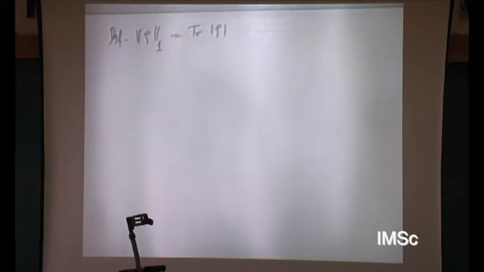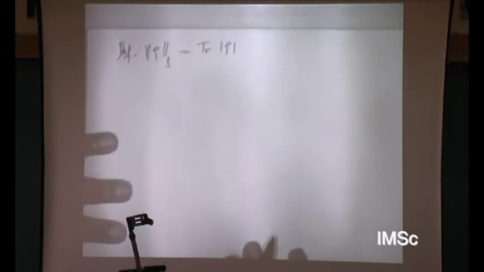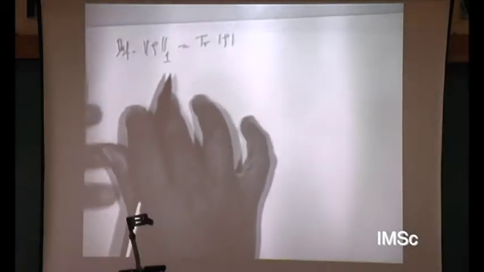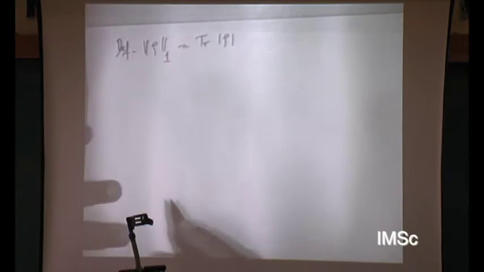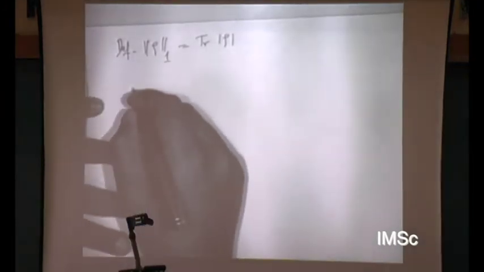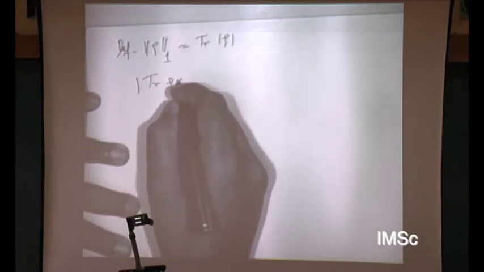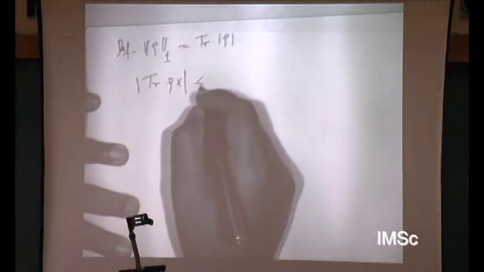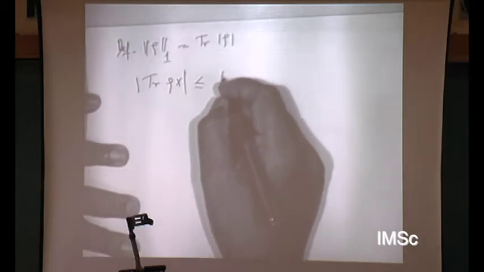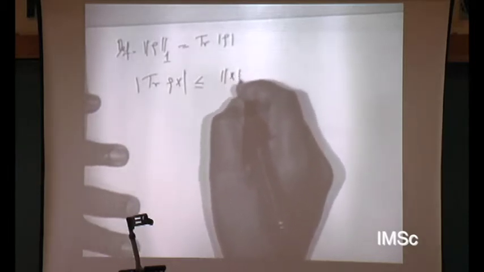Why do you have the triangle inequality for mod of rho plus psi and so on? Are they complicated things? Let me just define it like this. And what you can see from this equation is that the modulus of trace rho x is less than or equal to norm x.